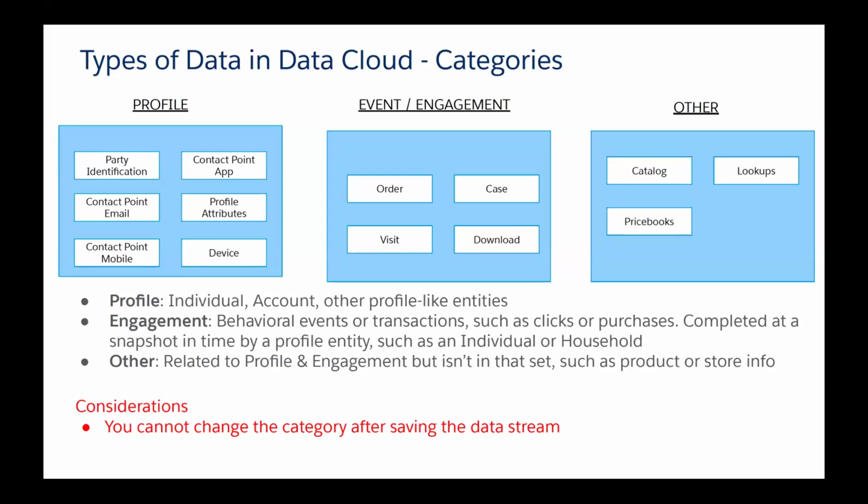Now, the one in the center, I'll talk about this. Engagement data is by its nature very voluminous. Every user interaction could be a data event, and as a result, this needs to be optimized and indexed on the back end.